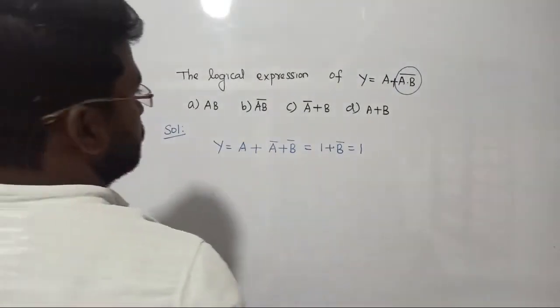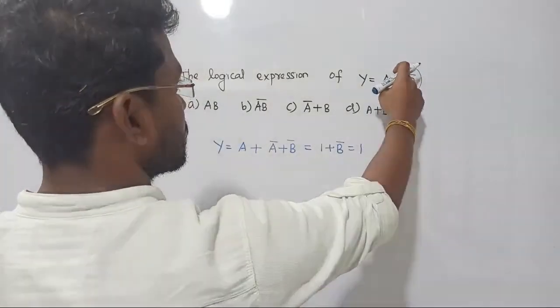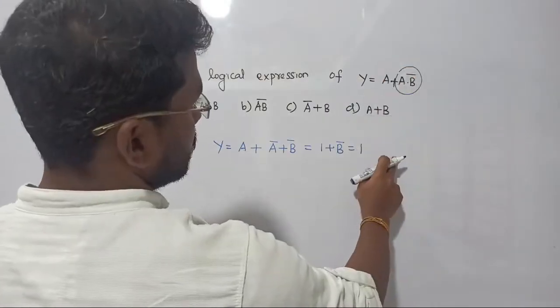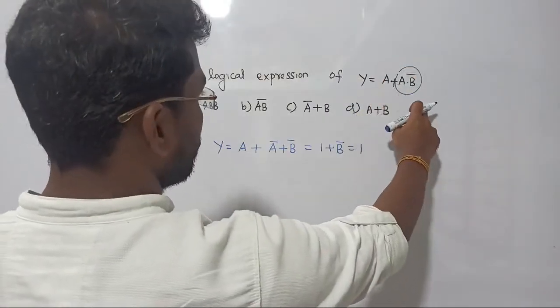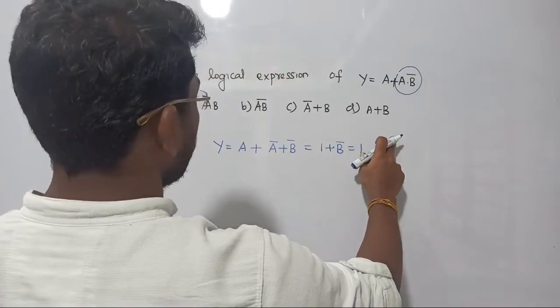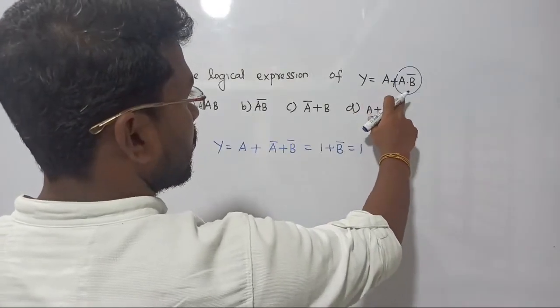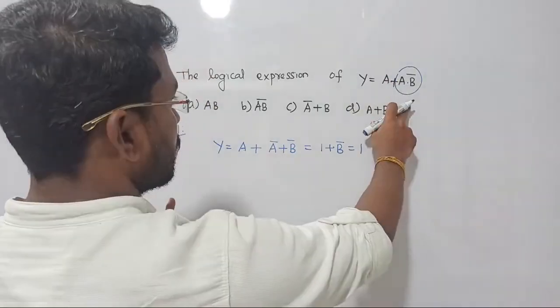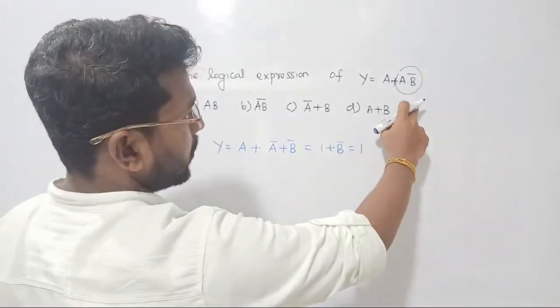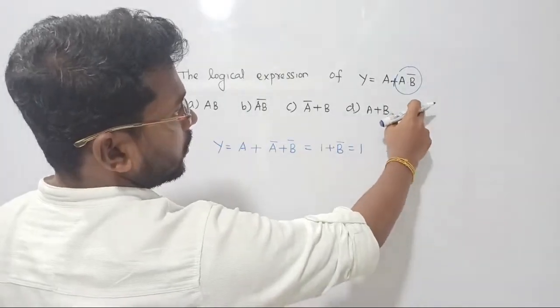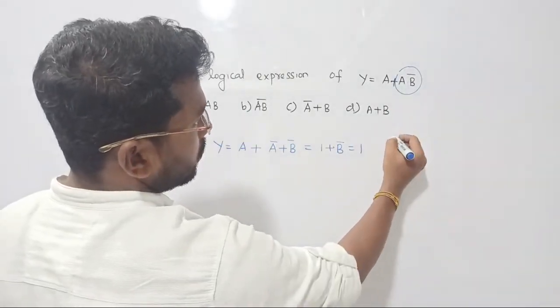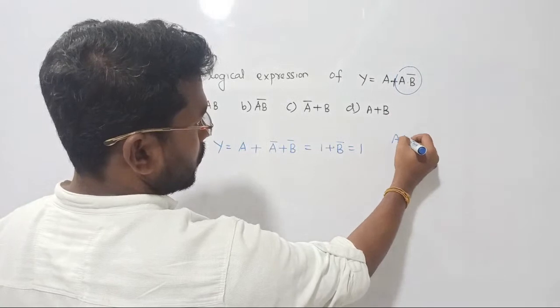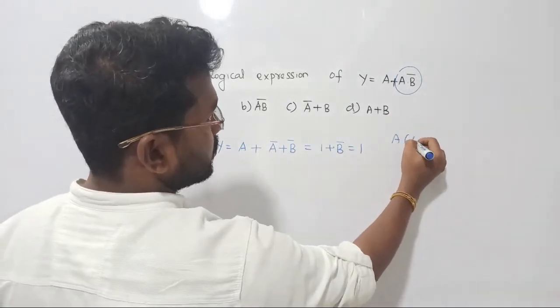What's wrong with them? If it is like this, then A plus A will become A plus B bar. That is not possible here. That is also wrong. Second thing, A plus A bar dot B, no? A plus A will become A into A plus B bar, which is equal to what? A plus A, that is A only. Guys, please wait a minute.